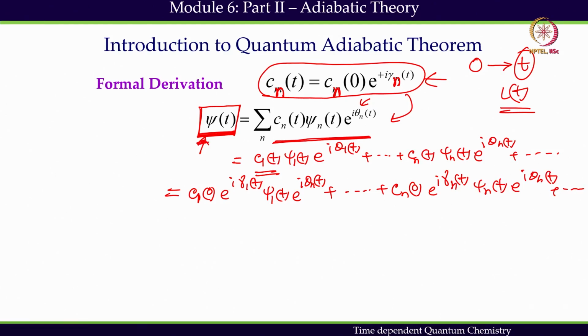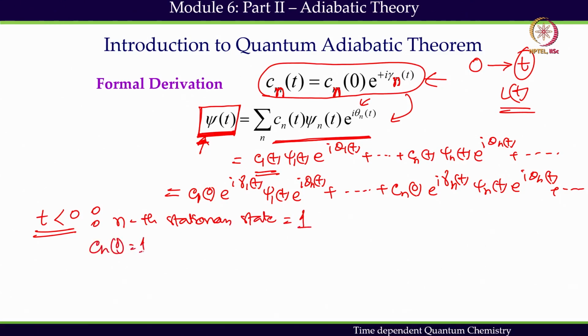Now consider the initial condition: before the process started, at t less than 0, we assume that the particle was in the nth stationary state. That means the population is going to be 1. So Cn0 is going to be 1.